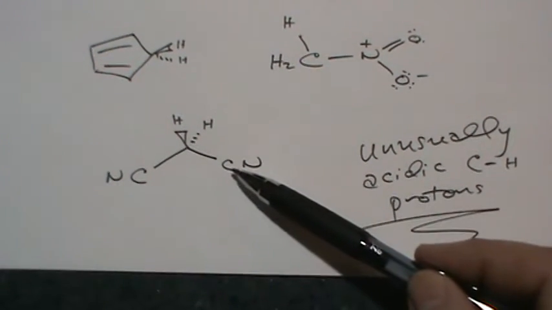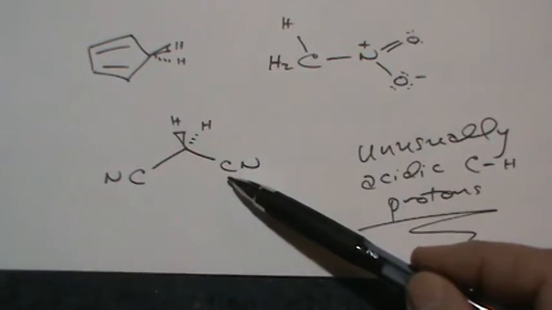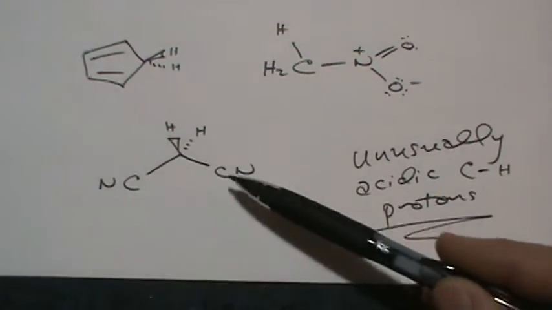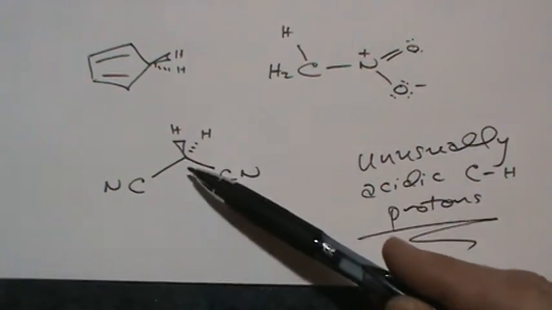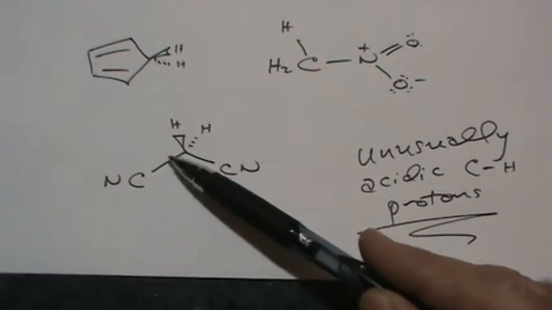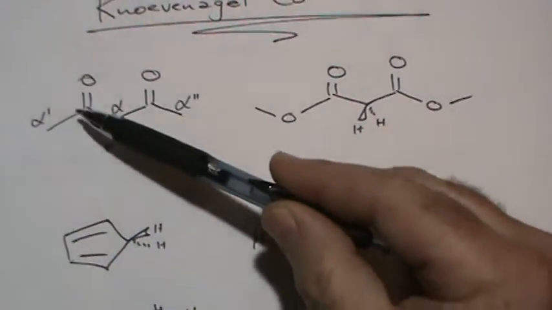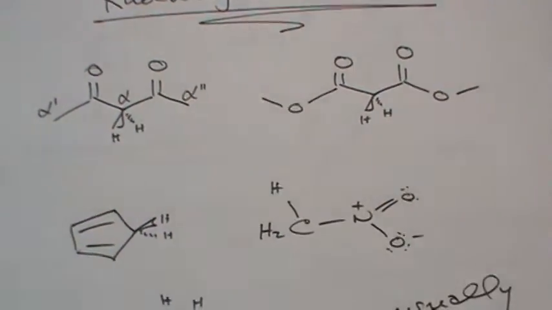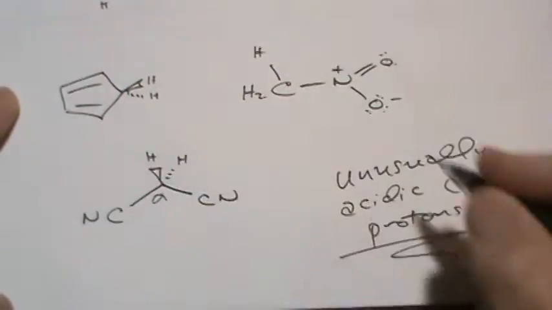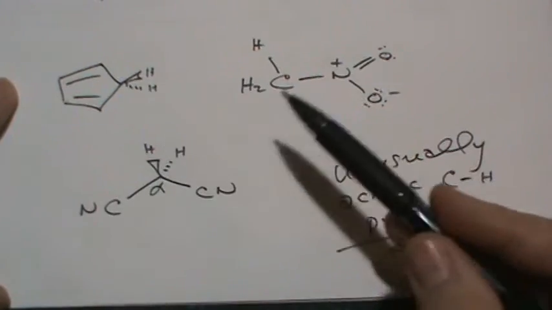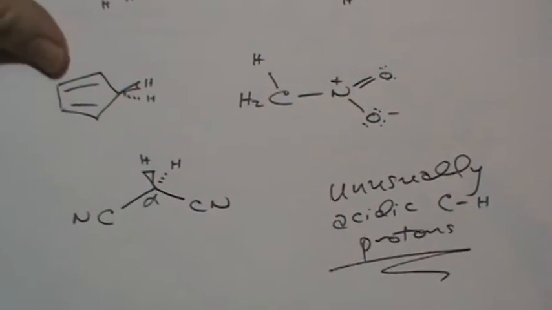So that's the way you should think about it here. When you see a nitrile group, you should think of it essentially as a disguised carbonyl. So this kind of molecule is nothing more than a carbon sandwiched between two disguised carbonyls, very similar to a beta-diketone, for example. So this carbon here, we could call it an alpha carbon, is going to have unusually acidic protons associated with it.